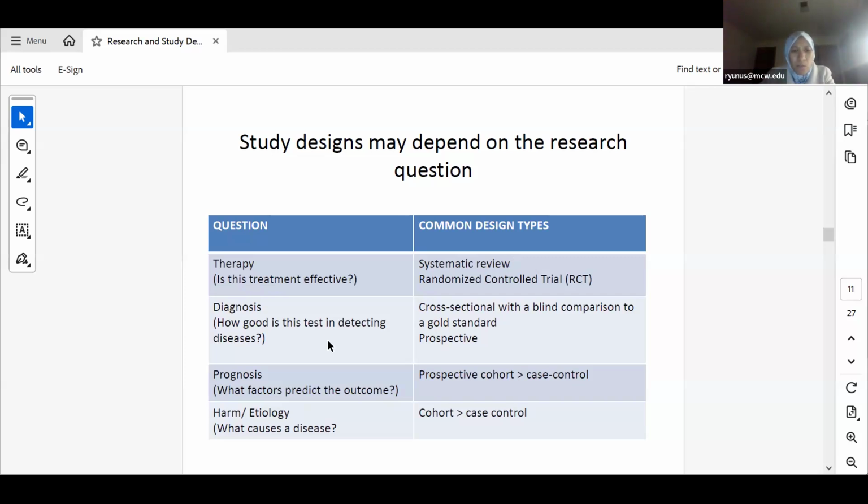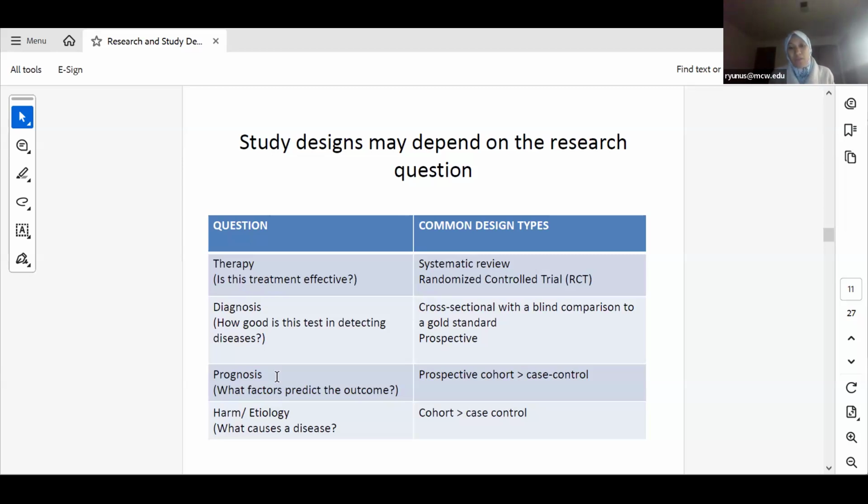So the same for others. If you look at number 2, 3, or even number 4, for instance, what causes disease? Or if it's a prognosis kind of study, for example, what factors predict the outcome? So you can do a prospective cohort. You can sit down with a group of patients, collect data and do follow-up, or you can also do case control in a retrospective way.